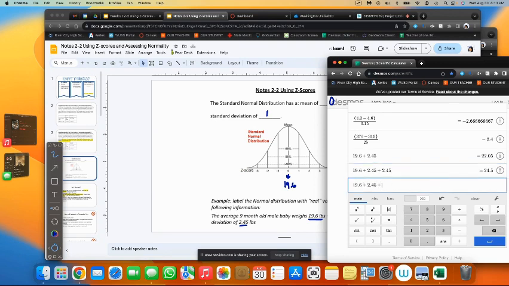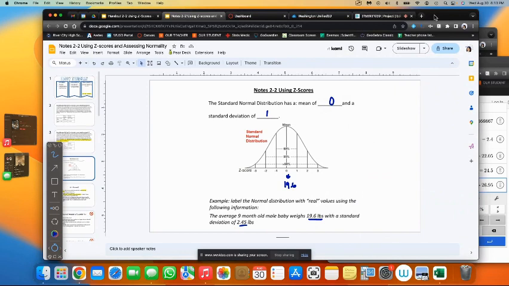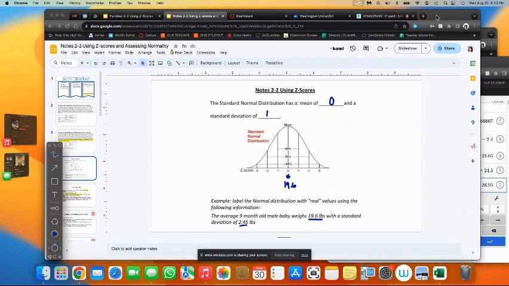And then 3 standard deviations would be 26.95. So we can fill out those values here. 1 standard deviation was 22.05 pounds, 2 standard deviations was 24.5 pounds, and 3 standard deviations was 26.95 pounds.